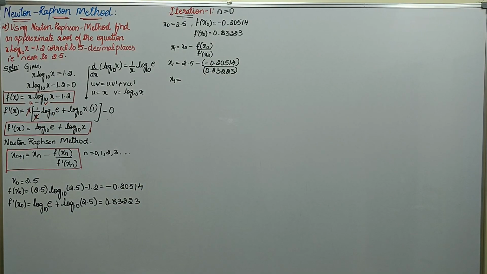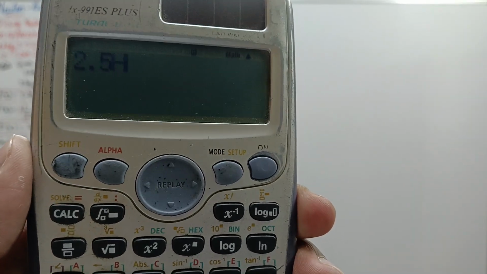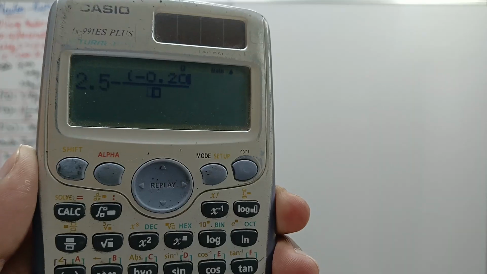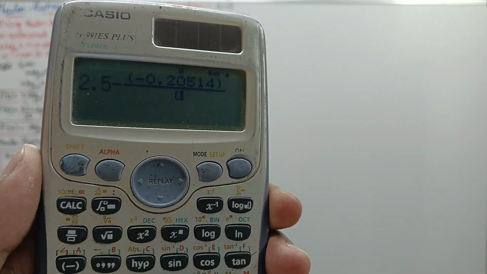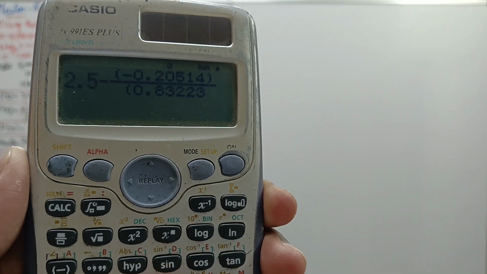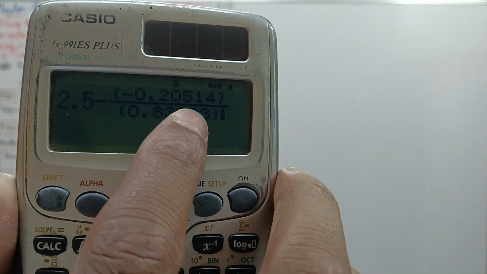Using the calculator you can represent it easily. Take your calculator. Now 2.5 minus numerator, minus 0.20514, close the bracket, divided by 0.83223, close the bracket. Just cross verify once.